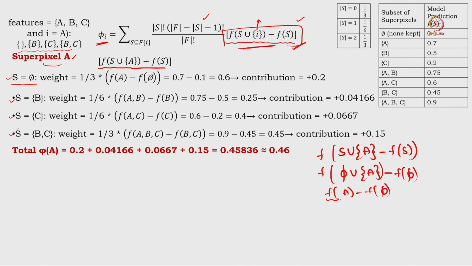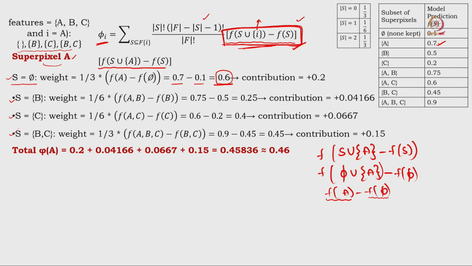So, what is f of A, the model prediction? When only A is kept, the model predicted value is 0.7. When no elements are considered, the model prediction is 0.1. So substitute 0.7 minus 0.1, and we get 0.6. So, this whole term is 0.6.